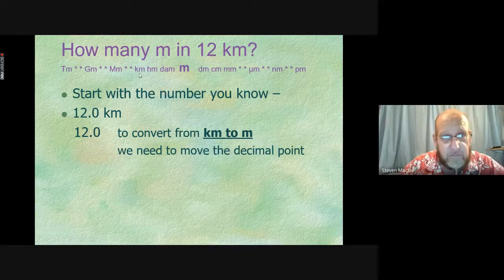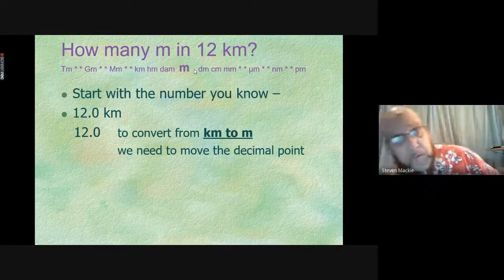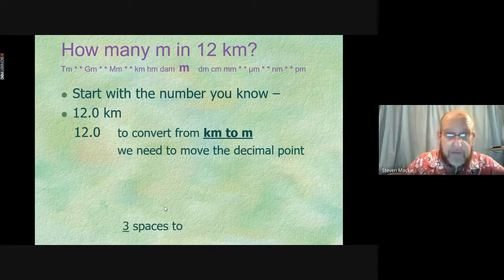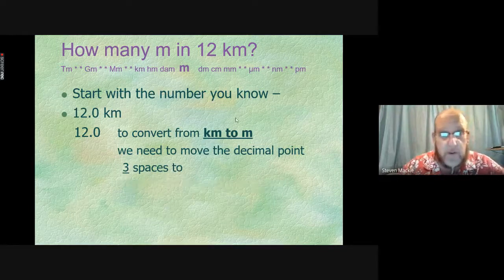Why 3 spaces? Here I'm going from kilometers that I know, 1, 2, 3, to meters that I do not know. Can everybody see how I hop the decimal point from here 1, 2, 3 spaces to the right? That's what's great about this scale.